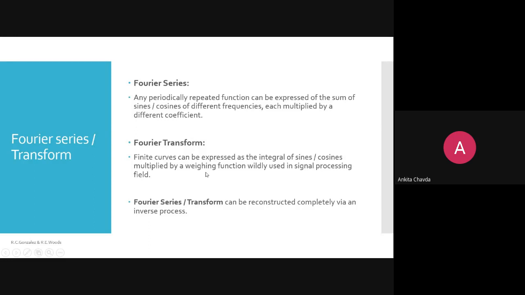Whatever coefficient you multiply with it is the weightage you want to give. And we widely use this in signal processing. So the Fourier series or transform can be reconstructed completely via the inverse process.